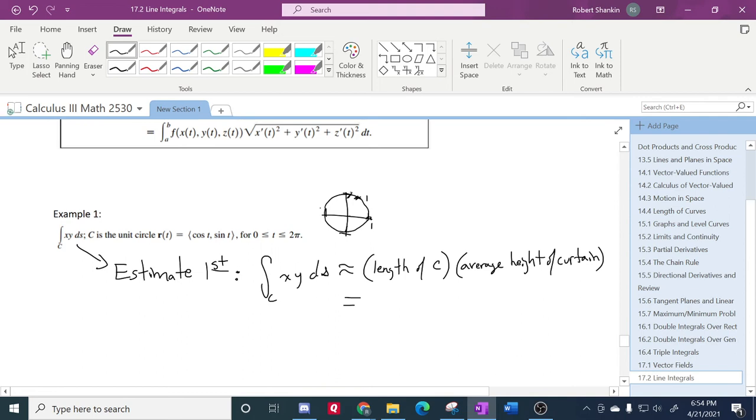So 1, 2, 3 of these and you're almost there. And you're going to need around 6 of them. The circumference of a circle is 2 pi r, and the r is 1. So we're going to get 2 pi. So this is going to be 2 pi.